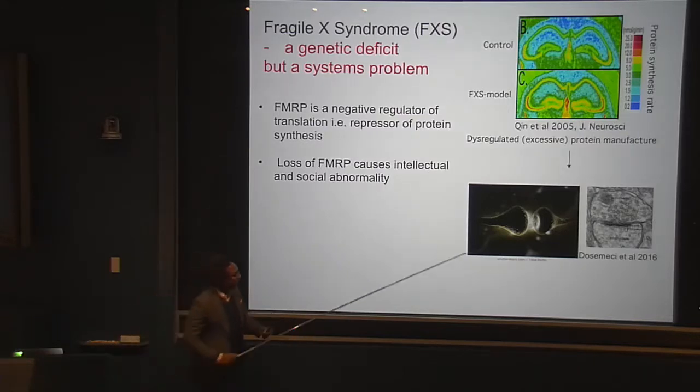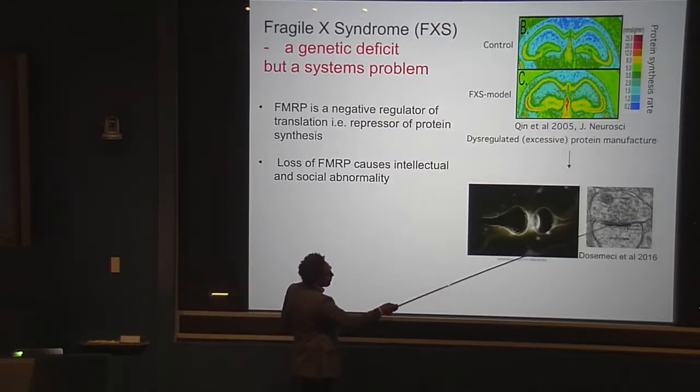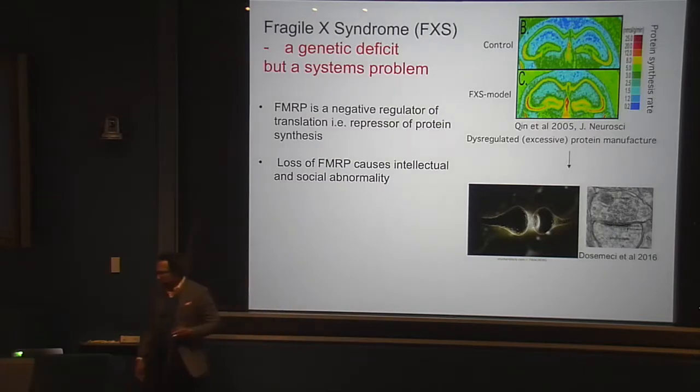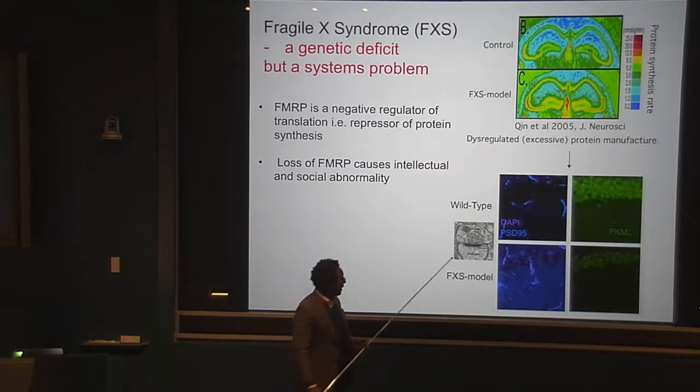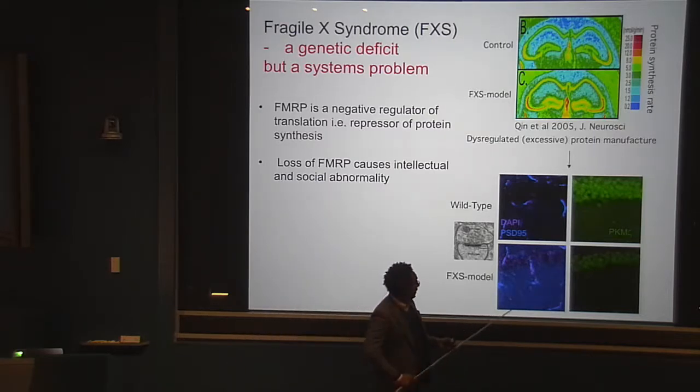And you can measure some of these proteins, such as postsynaptic density 95, for example. We can see that there's more of it here in the Fragile X model. This is my favorite kinase, the kinase that's important for the persistent storage of memories. And in these animals, when they're naive, instead of making too much of it, they seem to make too little of it, which is perplexing, but it is a fact.